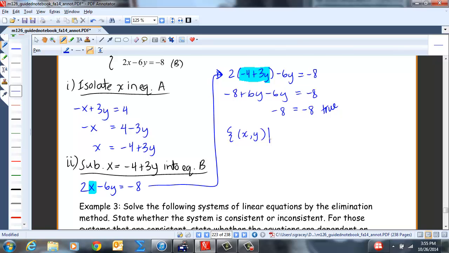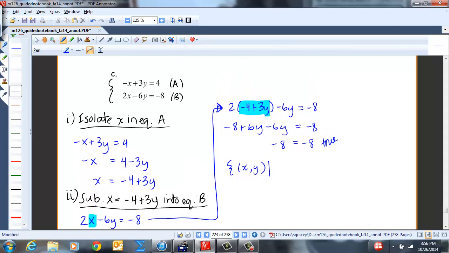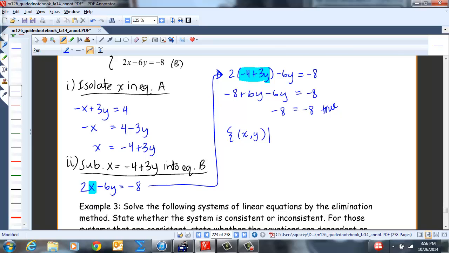So basically what we're going to need to do is solve for one of the variables. If you go up here, do you see how we already had x equals negative 4 plus 3y? So this is what we're going to do. We're going to say x is negative 4 plus 3y, and then y is any real number.